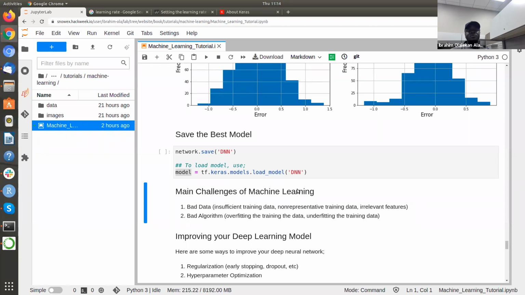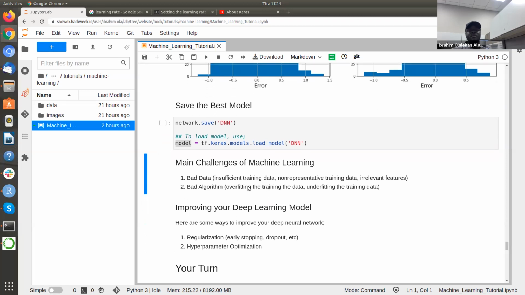That is why we also did a random selection for our training sets. If your training set is not representing your test sets, then you expect your model to perform poorly. Then irrelevant features: if you have some features in your model that are not relevant, it could also cause poor performance. And in practice, there are ways by which you can select the relevant features from your model.